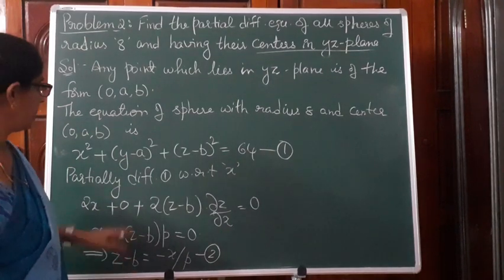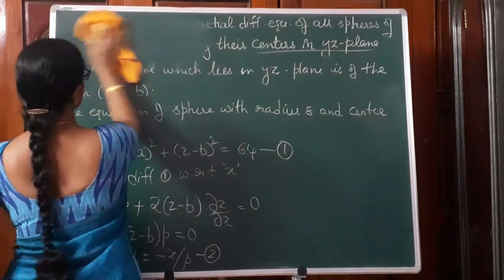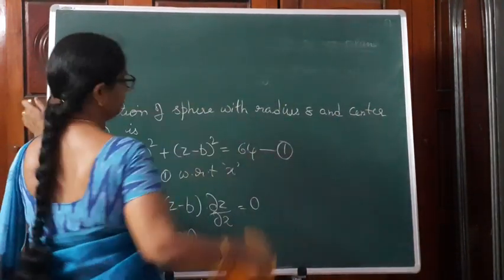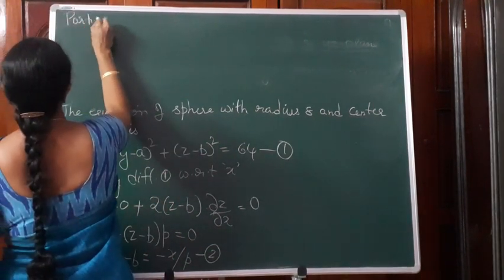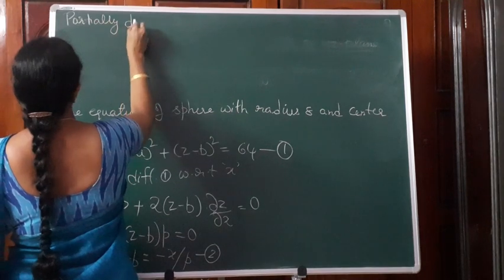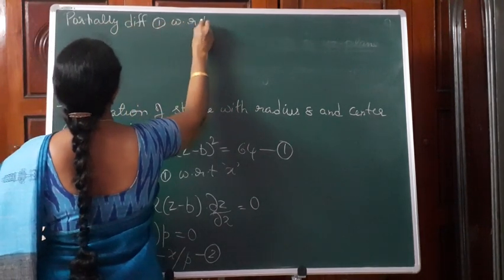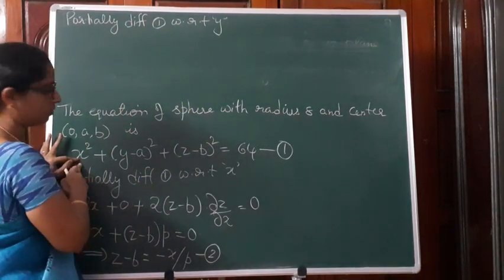Now similarly, partially differentiating 1 with respect to y. We get derivative of x square is 0.